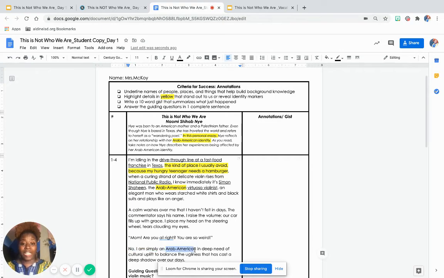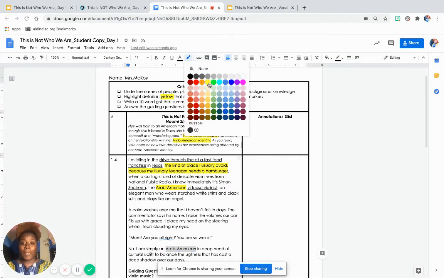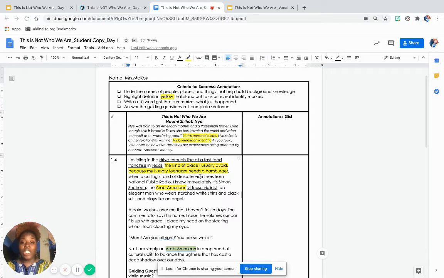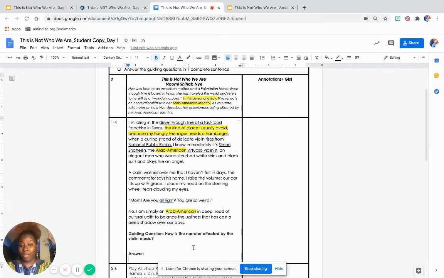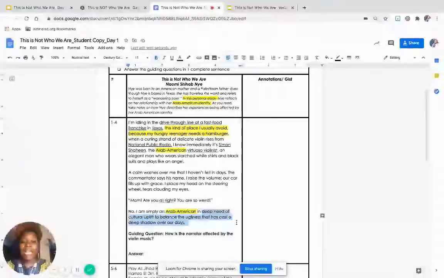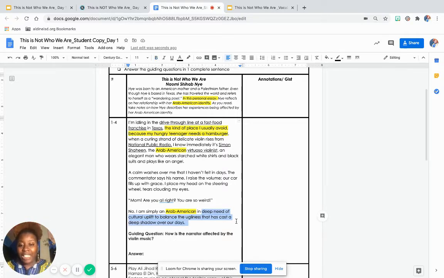And just for the sake of this exercise, we will highlight it again because she says that Simon Shaheen was an Arab American, and now she's saying that she's an Arab American. Okay, and then the last thing I want to highlight is deep need of cultural uplift to balance the ugliness that has cast a deep shadow over our days.